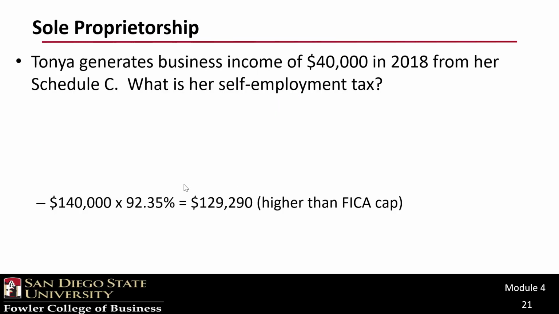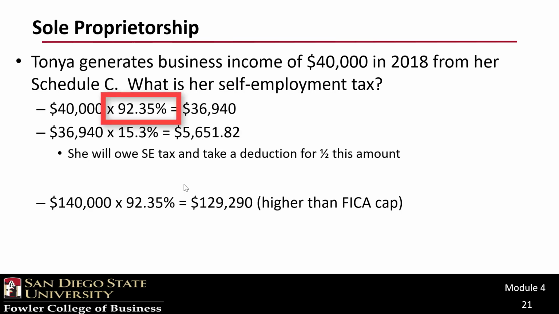Let's prepare Tanya again, except this time as self-employed. Because this is self-employment income, she gets to take a 7.65% haircut. Because the income amount is less than the FICA cap, it's all taxed at 15.3%, and she can take 1/2 as a for AGI deduction.